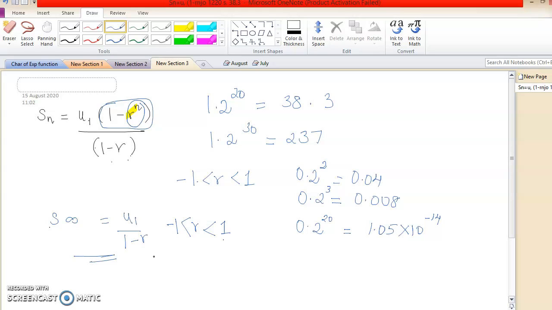The sum is converging to a clear value. It is not divergent. And when we are going to find the sum of this series, you can use this formula to find the sum to infinity of this series.